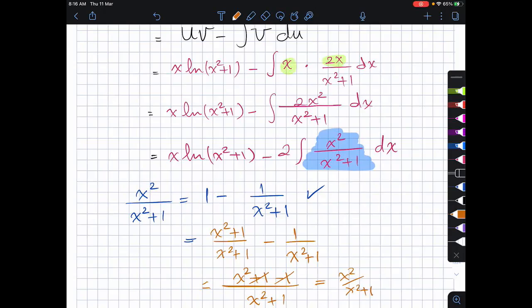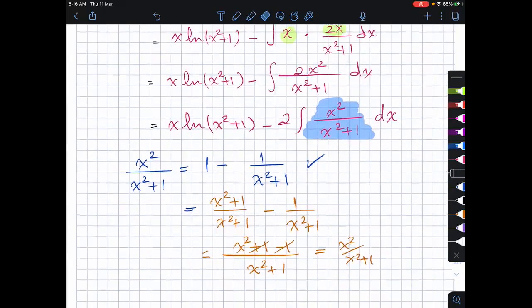So it's clear that x squared over x squared plus 1 can be written as 1 minus 1 over x squared plus 1.